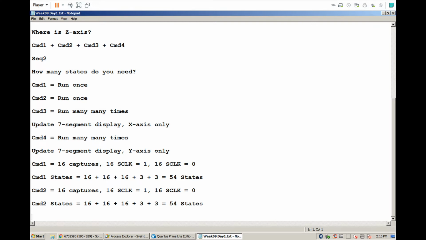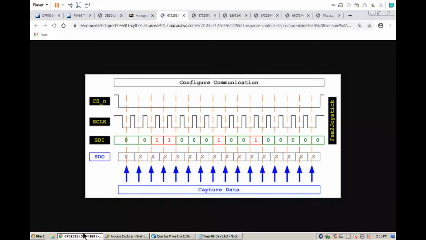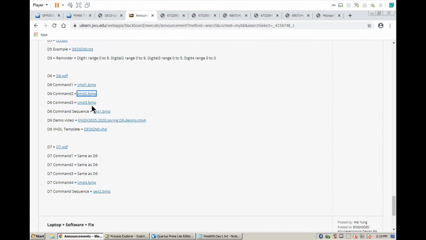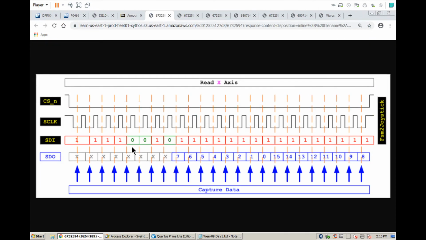Command 3 is more complicated because you get a lot more clocks. So look at this diagram. This is the diagram to read x-axis. If you start counting the arrows, 1, 2, 3, 4, 5, 6, 7, 8, 9, 10. 10. 1, 2, 3, 4, 5, 6, 7, 8, 9, 10. 20. 1, 2, 3, 4. 24.